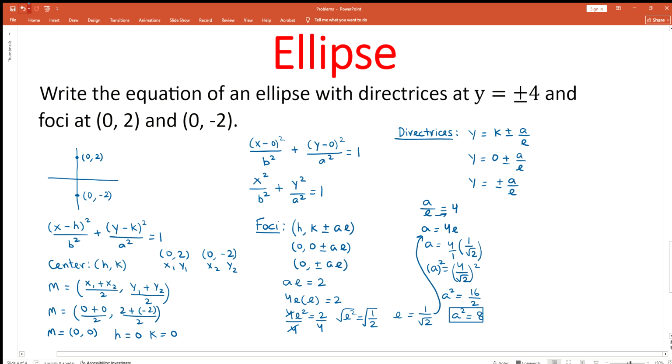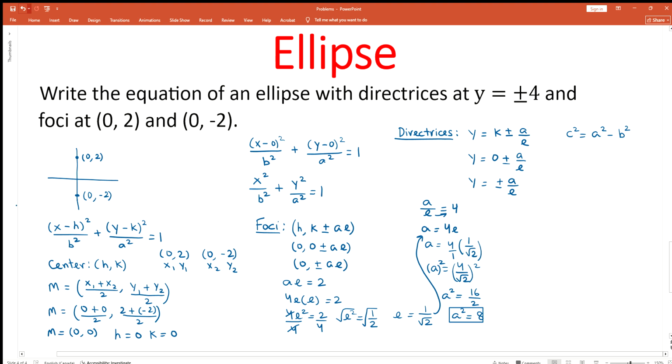Next, we have to find the value of b², and for that, we'll use the equation. So I'll write it on the right side. c² equals a² minus b². In this equation, c represents the distance from the center of the ellipse to either of the two foci points of the ellipse.